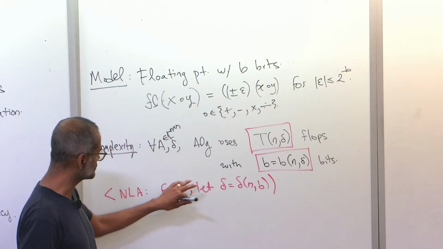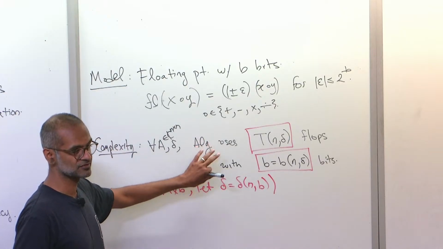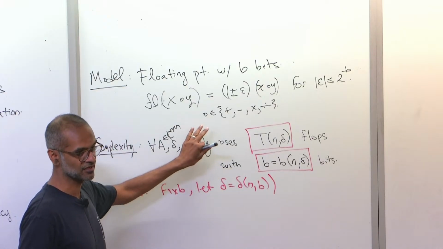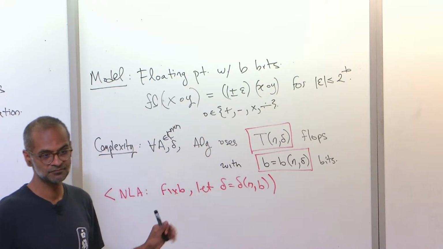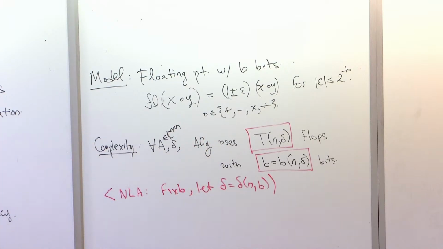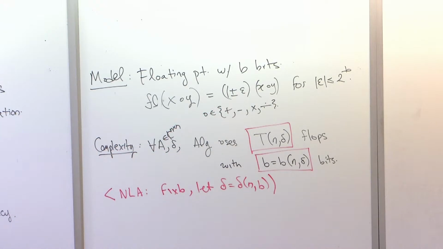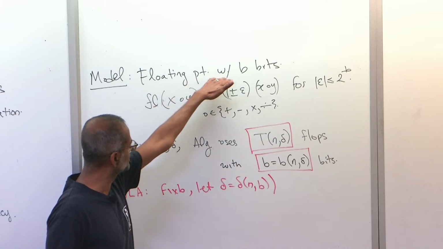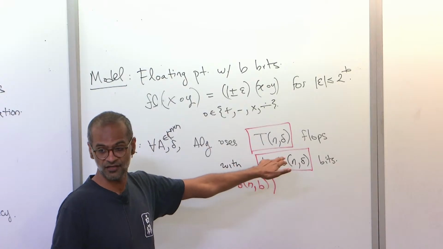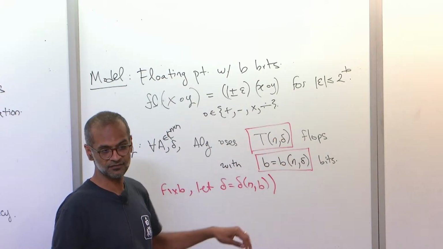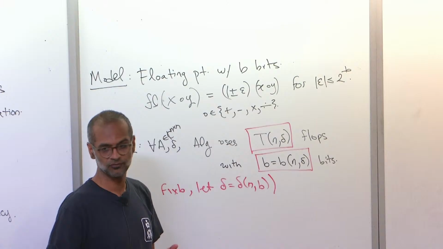And actually, I'm mathematically doing the same thing. I'm just fixing delta and asking how big you need to make b. Epsilon is upper bounded by 2 to the minus b. So b is a number of bits that's allowed to depend on n and delta, and that's the accuracy of my floating point computation.